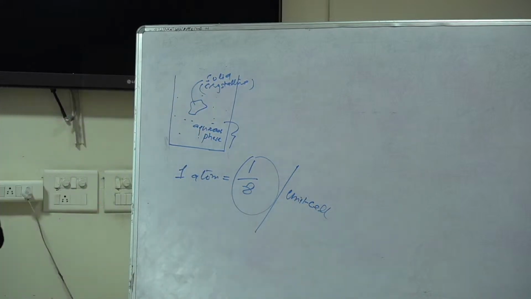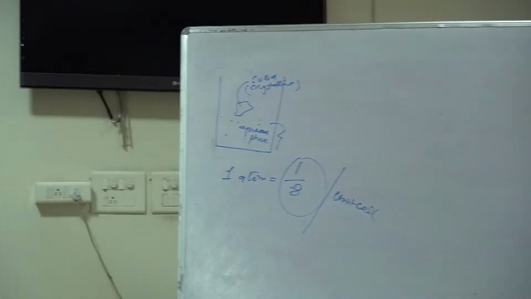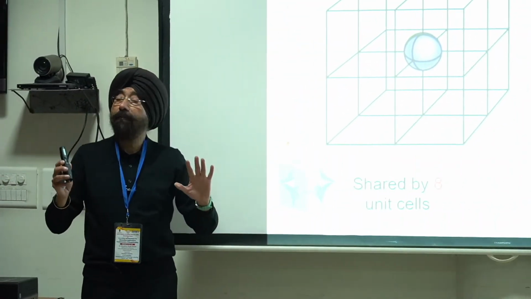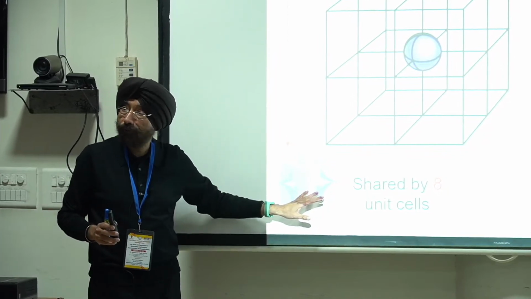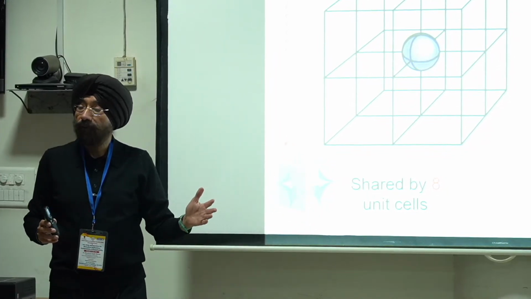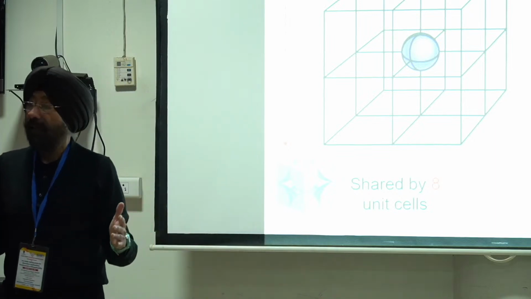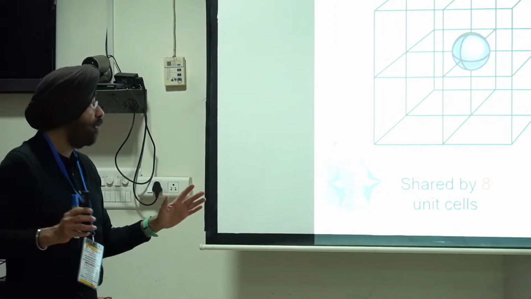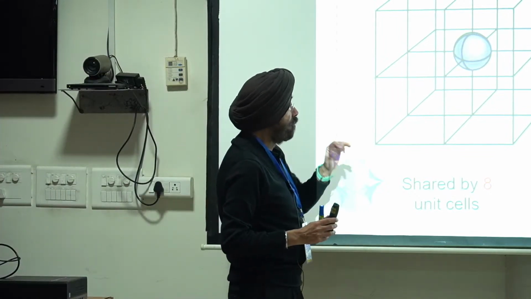So 1/8 part of one atom is included in the unit cell. But that is the case when you have the simple cube. It is not the situation for all the other cubes like the body-centered or the face-centered cubic structure, but this is only for the simple cube.